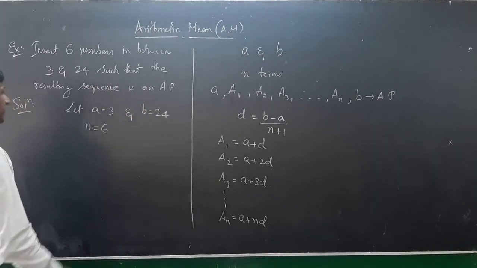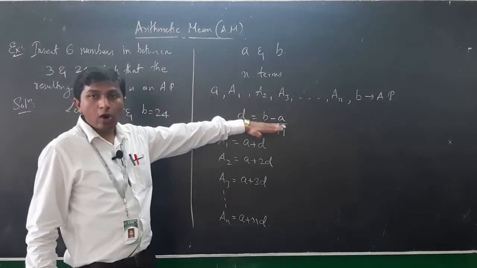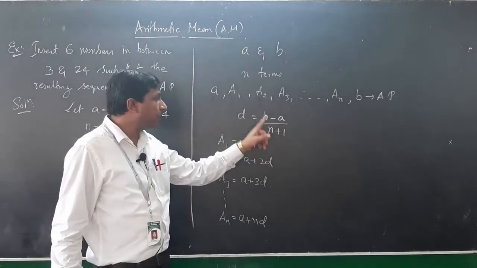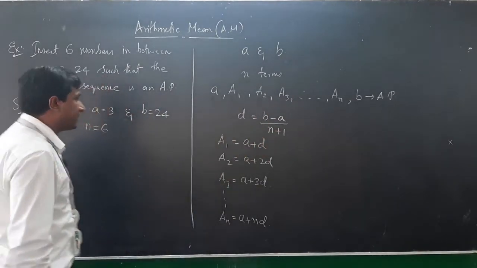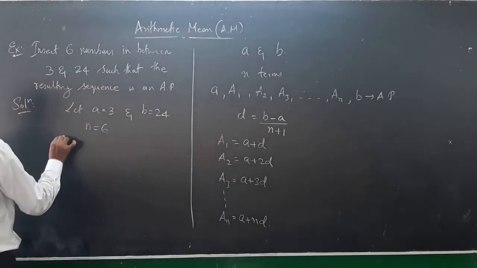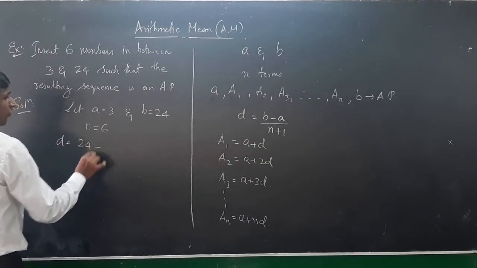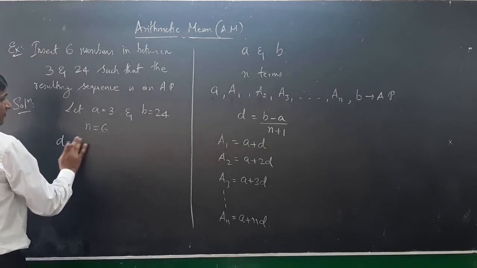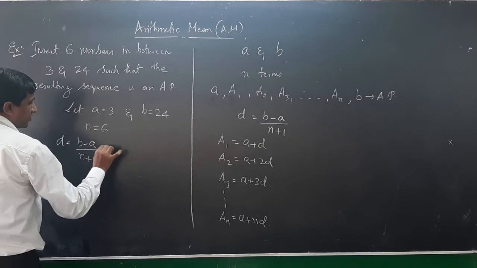Now what is the first step? We have to find out the common difference by using this formula, b minus a whole divided by n plus 1. First I will write the formula, d equals b minus a by n plus 1.